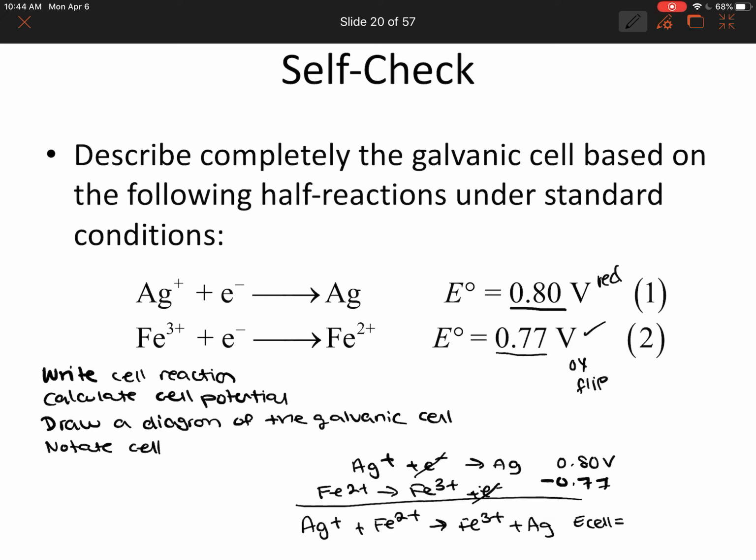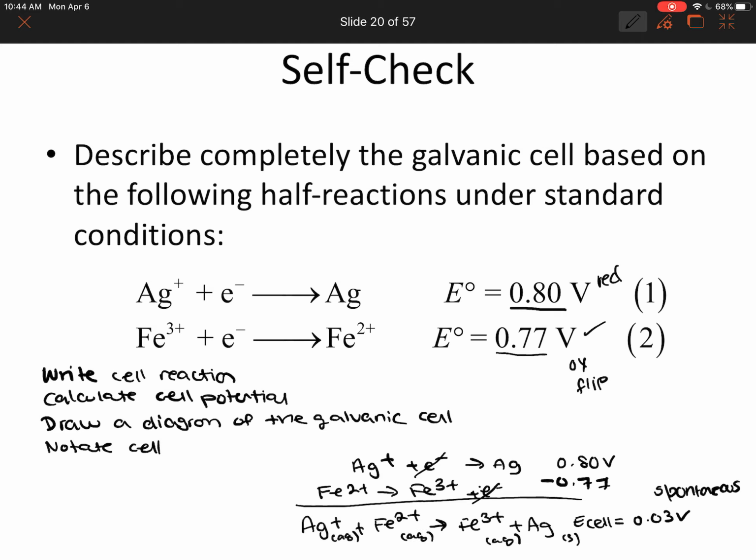And what's your cell potential? Take a moment to calculate that. 0.03. Now, is this spontaneous or not spontaneous? Spontaneous. Very good. So we have the reaction. I'm being a little lazy right here. To write the complete cell reaction, we need to make sure it's always balanced, and we are writing our states of matter. So always write your states of matter.